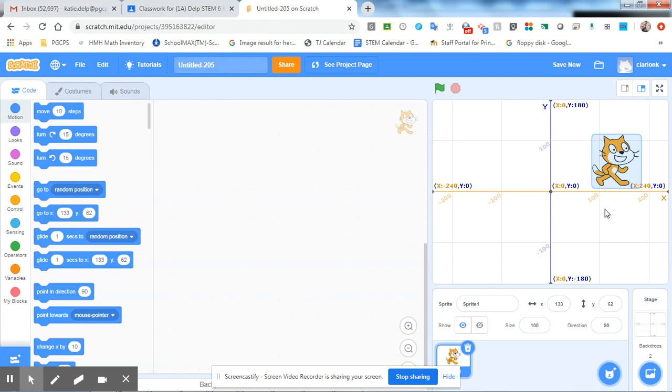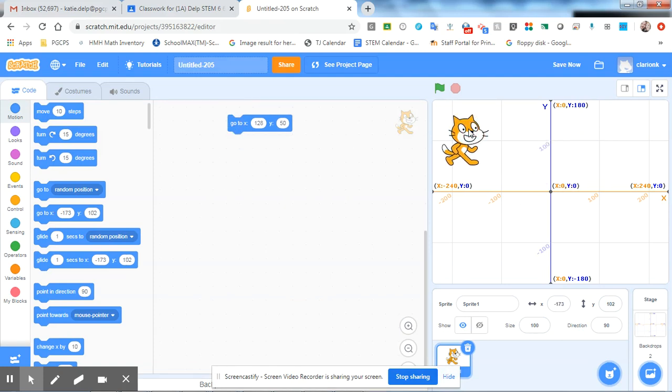So I have Scratch Cat selected, and any place that I move him, I can see what those X and Y coordinates are. All right. So if I have this block pulled out right here, let's say I want Scratch Cat to go right there, I can see that the coordinates that I want to plot or tell him to go to would be negative 173, 102. I can come up here to this block and type in negative 173 and 102.